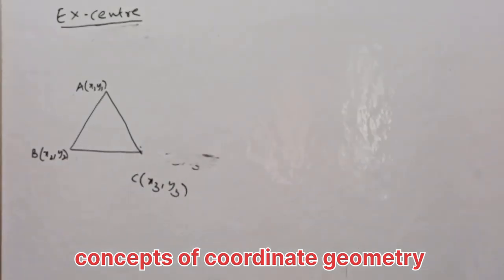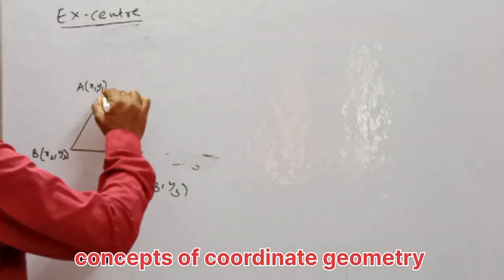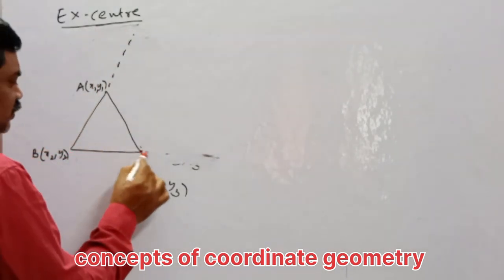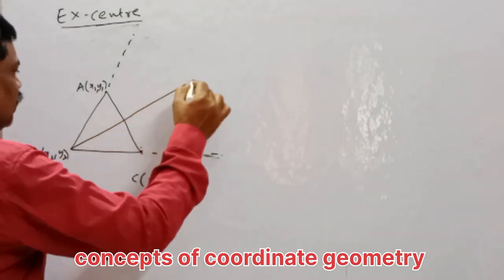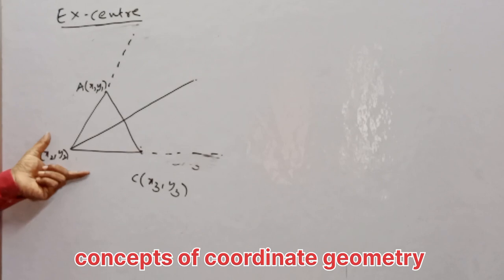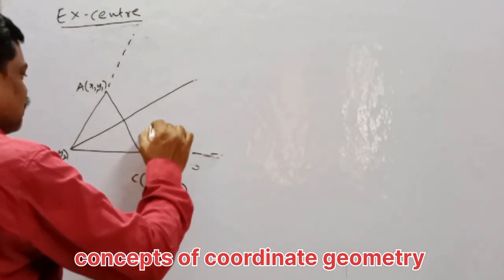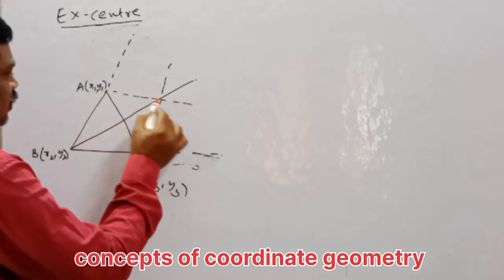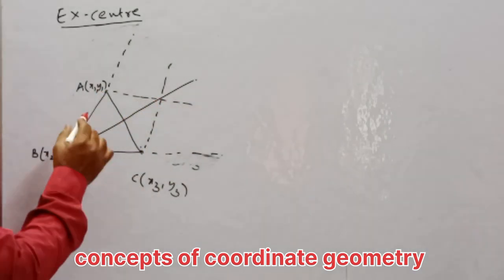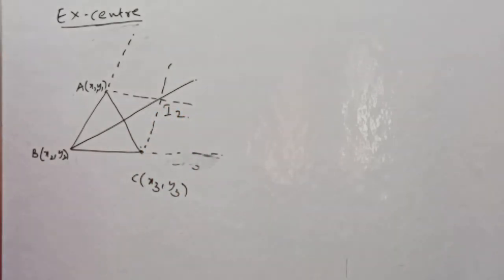Now, the excenter opposite to the vertex B: you draw it like this. This is the internal angle bisector of B, and this is the external angle bisector of C. This is the external angle bisector of A, and this is I2.